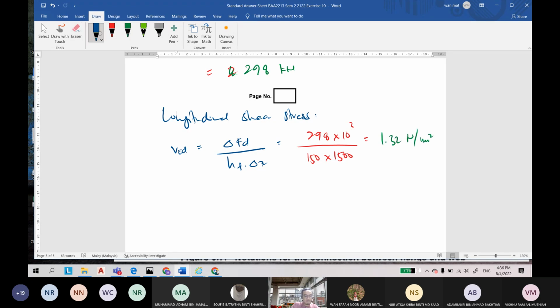And then you check with 0.27 fctk. fctk you refer to this table.